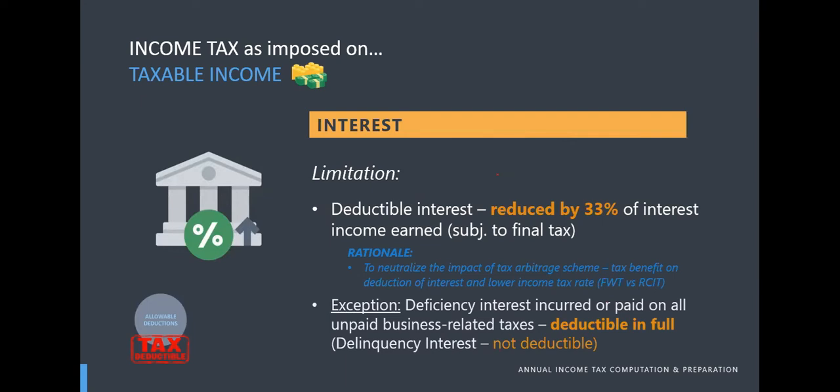However, delinquency interest is not deductible. Delinquency interest arises from the time when the BIR demands payment of taxes. So upon the issuance of final assessment notice, or final, ano yun?